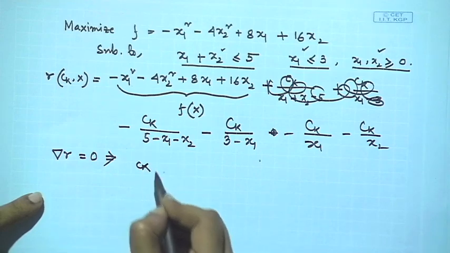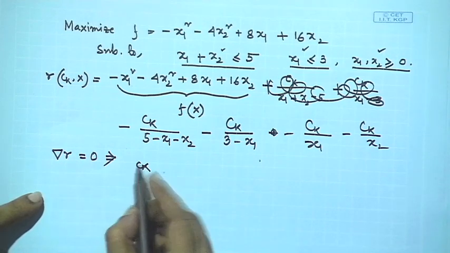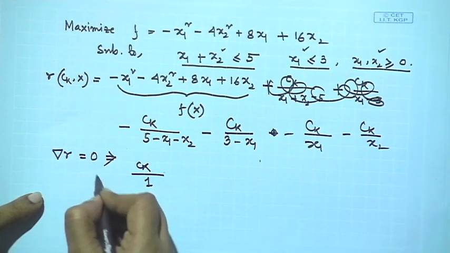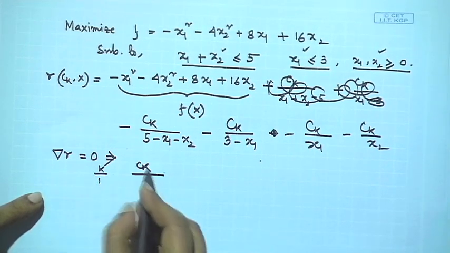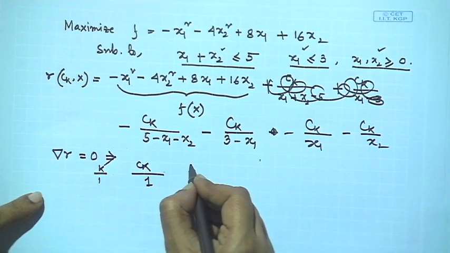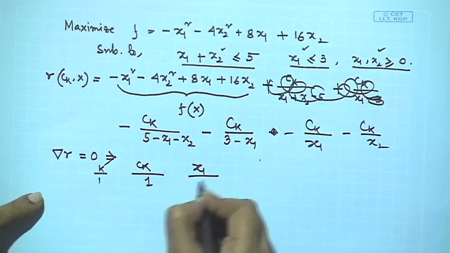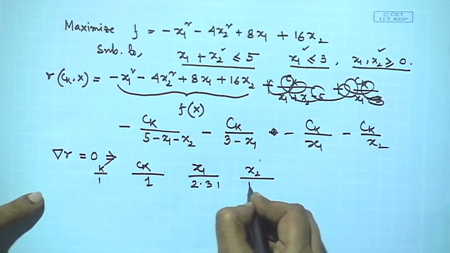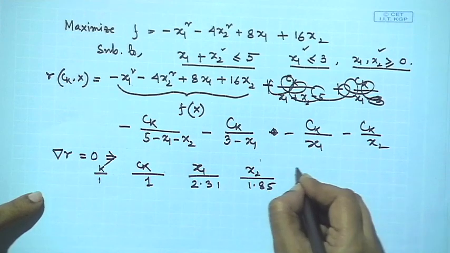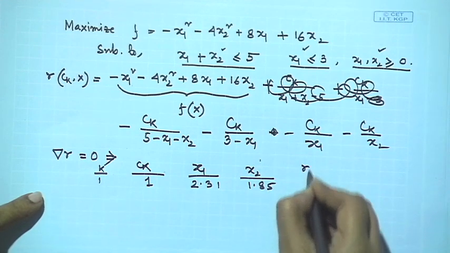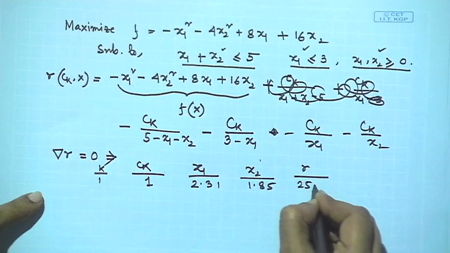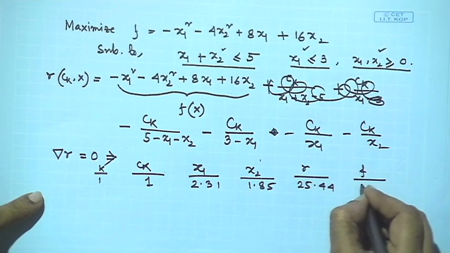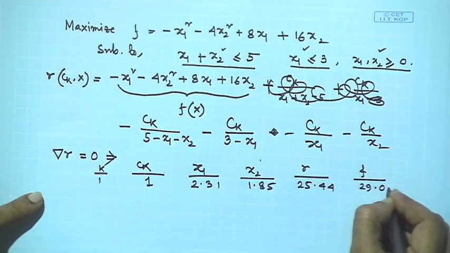We are starting from the point (1, 1), and that is why we are considering ck as 1 in the first iteration, k equal to 1. Considering ck equal to 1, we will get x1 as 2.31, x2 as 1.85, r as 25.44 and f as 29.054.